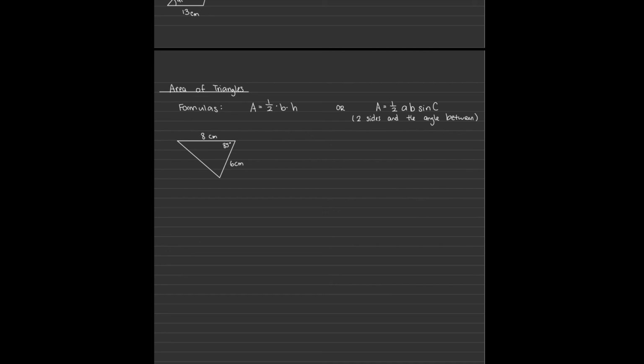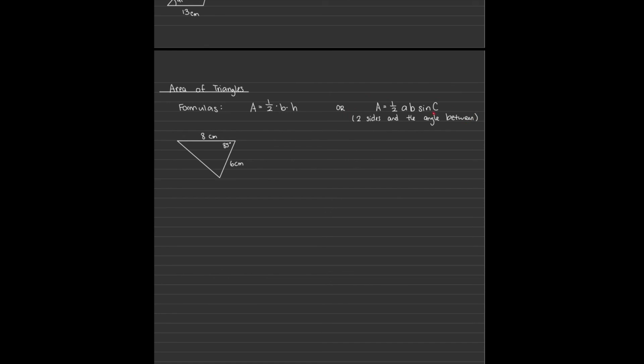All right, so if you wanted to find the area of this triangle that I just drew, you can't use the 1/2 base times height formula because we don't have the height. But we do have two sides and the angle between them. And so we can use this new formula 1/2 AB times sine C.